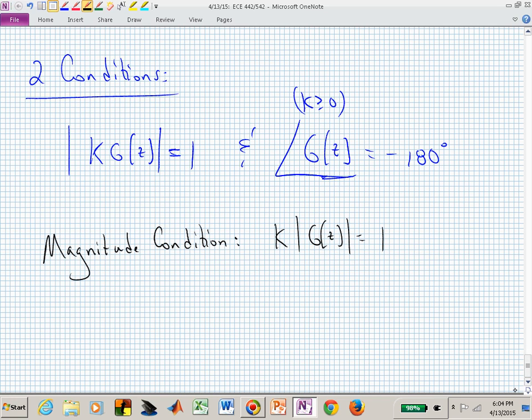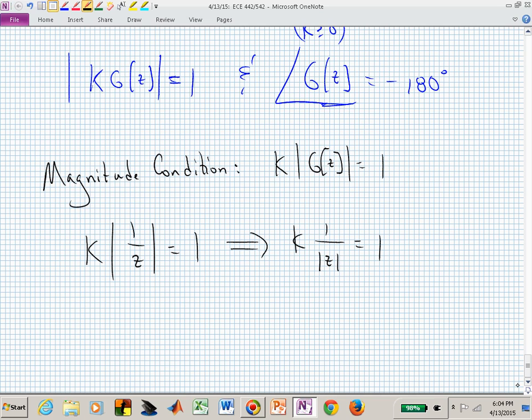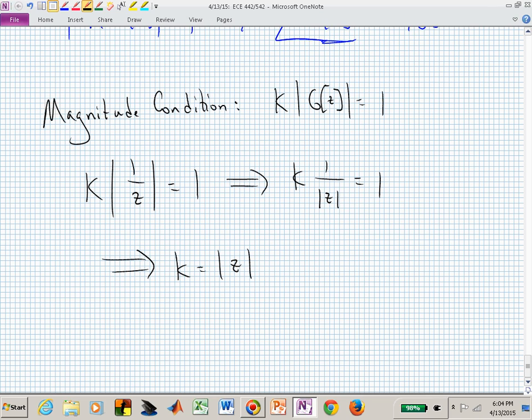We have k, which is non-negative, times the magnitude of our transfer function g of z. That product needs to equal 1, but our system is pretty straightforward. So k is now just the magnitude of z.